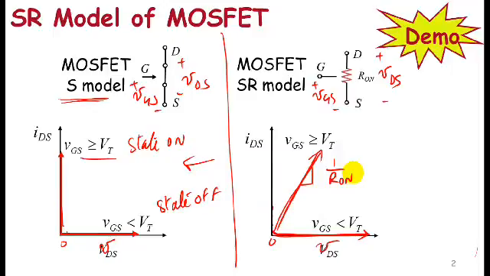So this is the IDS versus VDS curve for the MOSFET under the state that VGS is greater than VT. This is the on state, and this is the off state. Let me now show you a quick demo showing these curves, and as I switch the MOSFET on and off by applying either a high voltage or a low voltage between the gate and source, you will see curves that look as I've shown you just now.